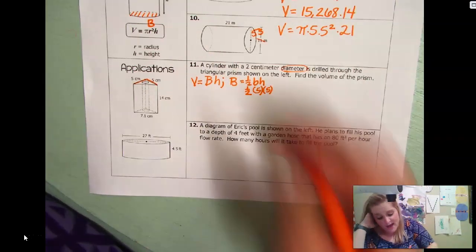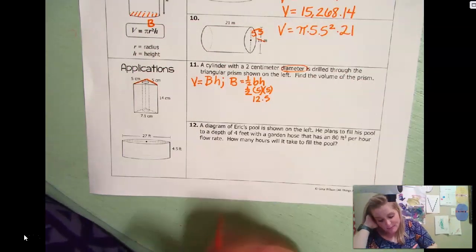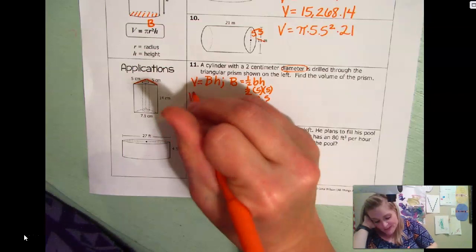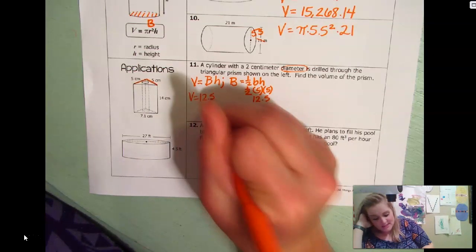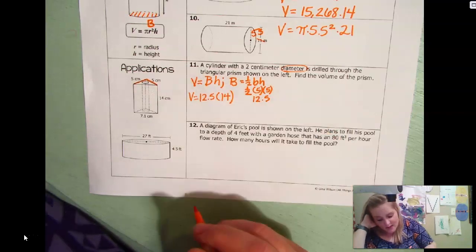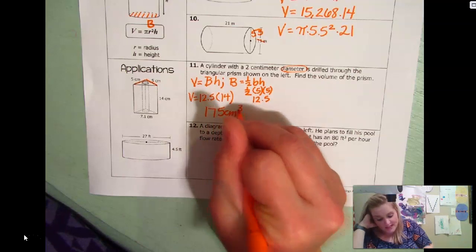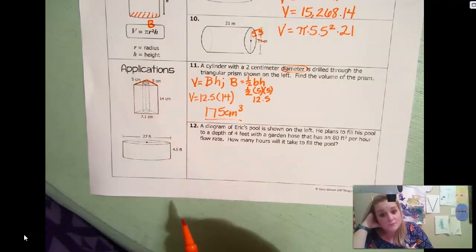Half of 25 is 12.5. Okay, so that's big B. So we come back over here. Big B is 12.5. The height that separates those two things is 14. So when I multiply that together, that gives me 175 centimeters cubed. That's the volume of the whole thing.